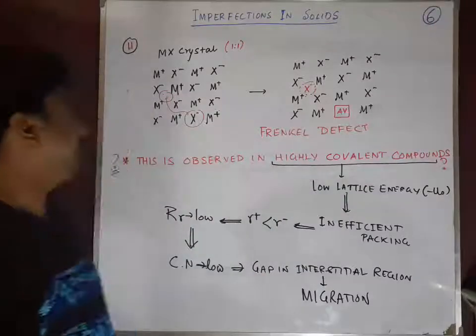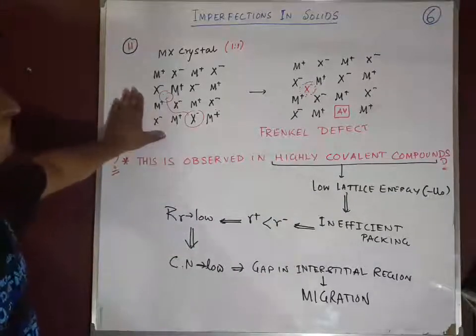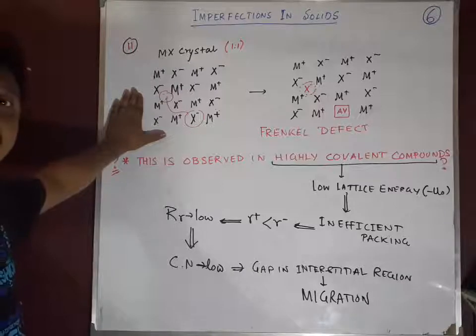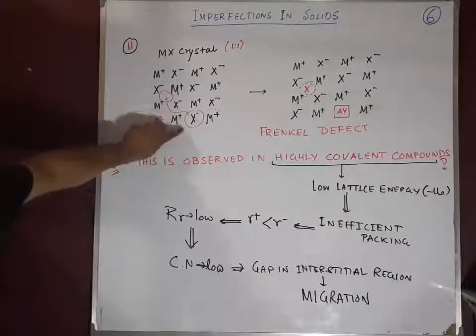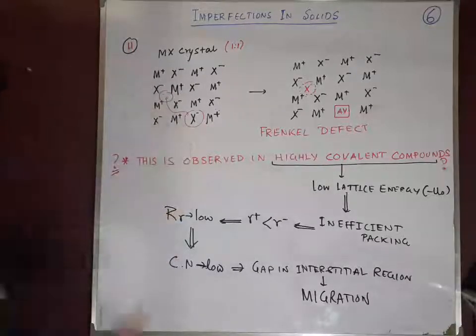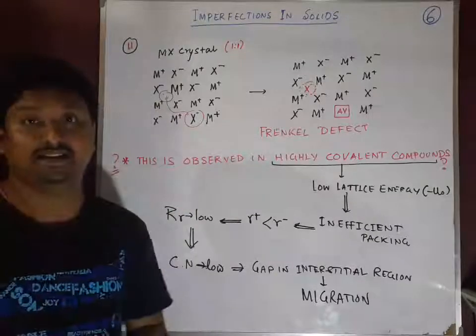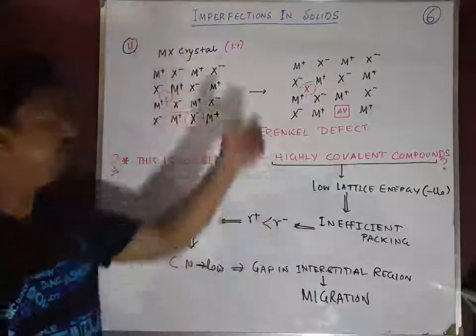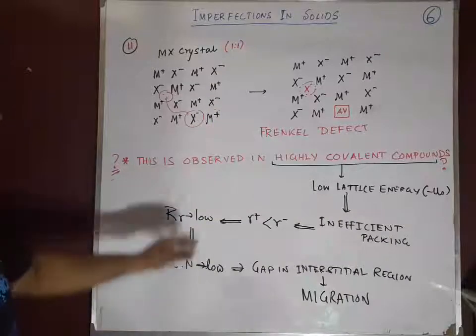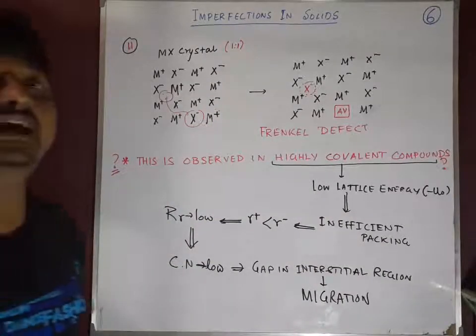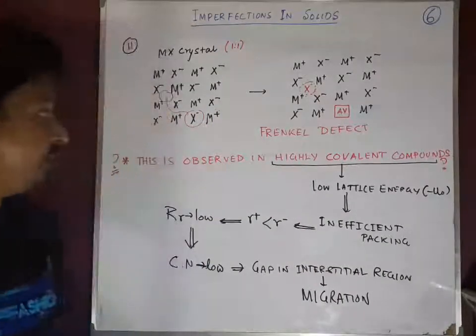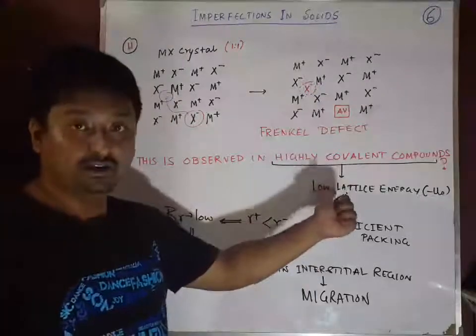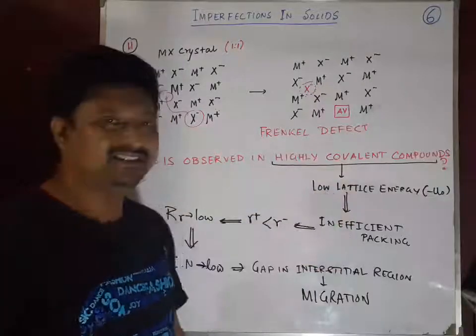So once again, what is happening in crystals undergoing the Frenkel defect? The cations or the anions migrate from their normal sites to the interstitial sites between the other lattice points. This is observed in case of highly covalent compounds because the lattice energy is low.